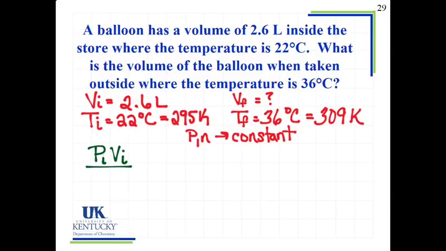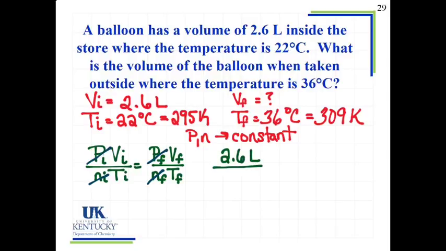So we have PiVi over NiTi equal to PfVf over NfTf. Now, the pressure and moles are both constant, so we can cancel them out on both sides of the equation. What we're left with is Vi over Ti equals Vf over Tf.